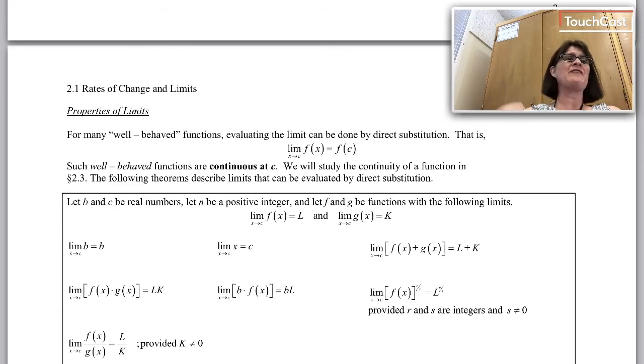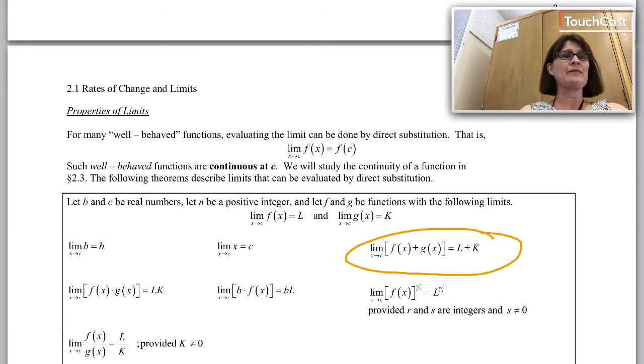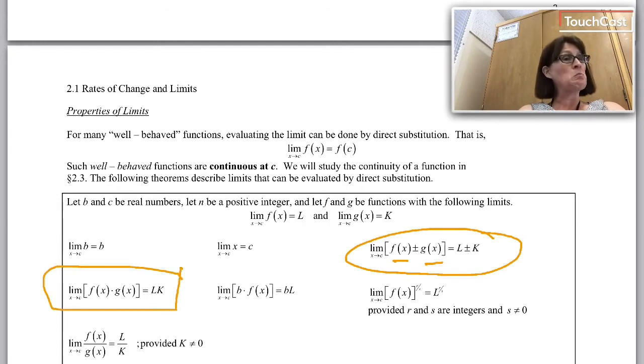Big picture, if you want to find the limit of two functions added together, function f added to function g, that's the same as finding the limit of function f, finding the limit of function g, and adding them together. If you want to find the limit of two functions multiplied together, you can find the limit of the first function, the limit of the second function, and then multiply them together. Same with division, as long as you don't accidentally divide by 0.